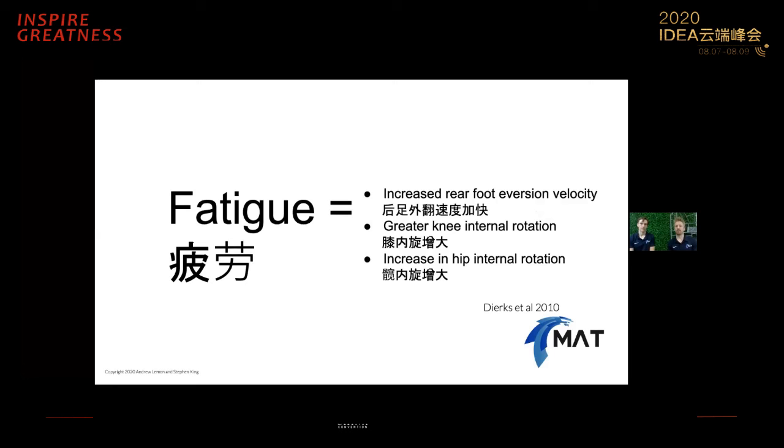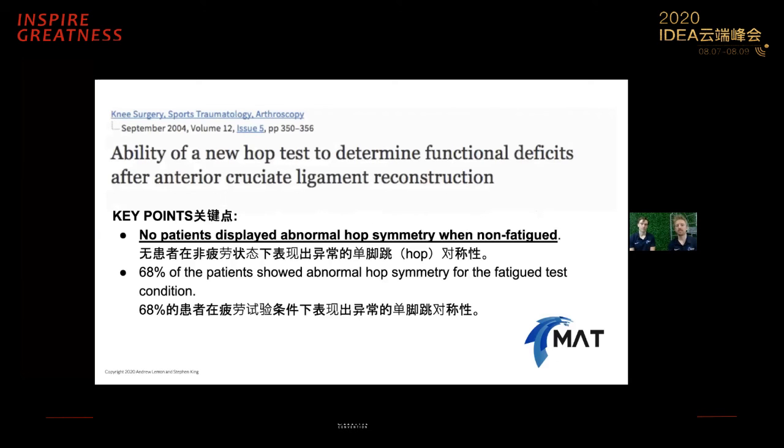It can lead to increased motion at the foot, increased motion at the knee and the hip.